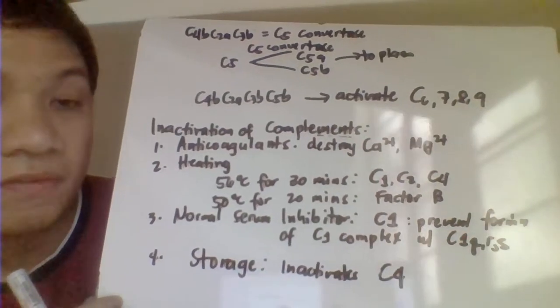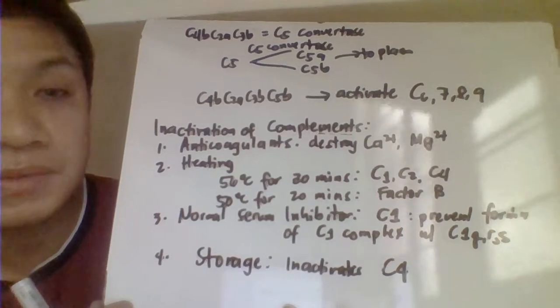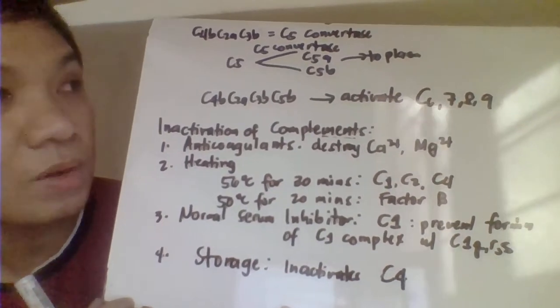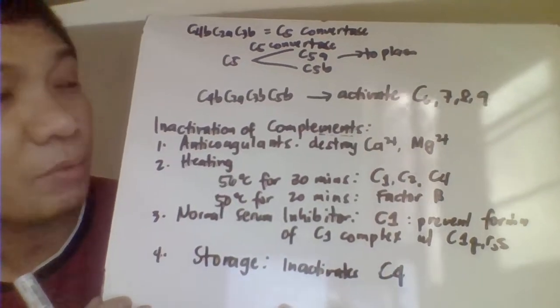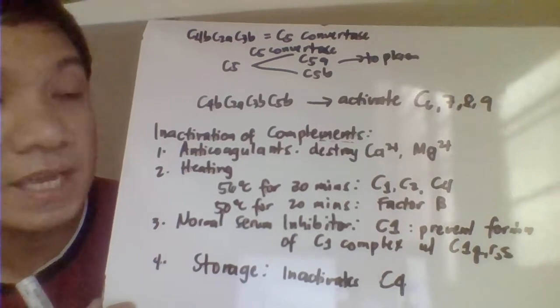Our C5 convertase tries to hydrolyze or cleave our C5, cleaving it to C5a and C5b. The C5a will be released to your plasma, where it acts as a chemotoxin and anaphylatoxin.